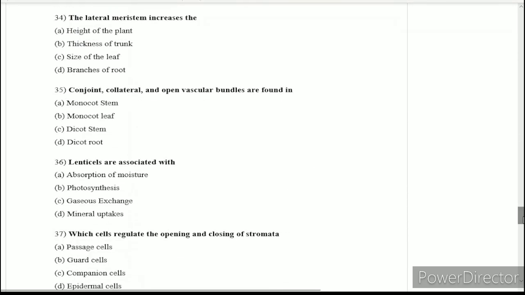The next question. The lateral meristem increases the dash. A, height of the plant. B, thickness of the trunk. C, size of the leaf. And D, branches of the root. The lateral meristem is always useful to increase the girth, or circumference.